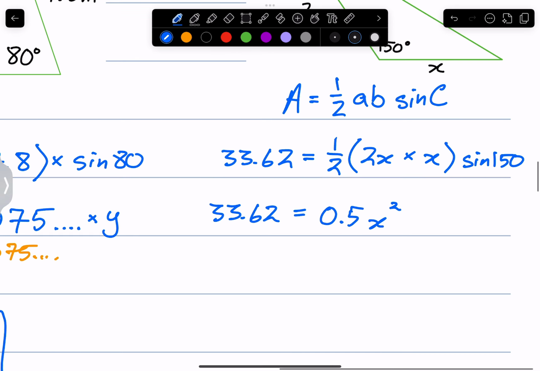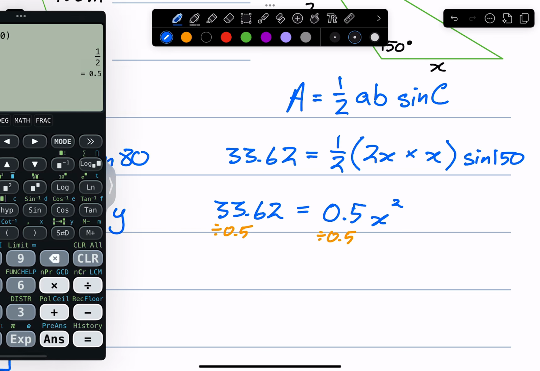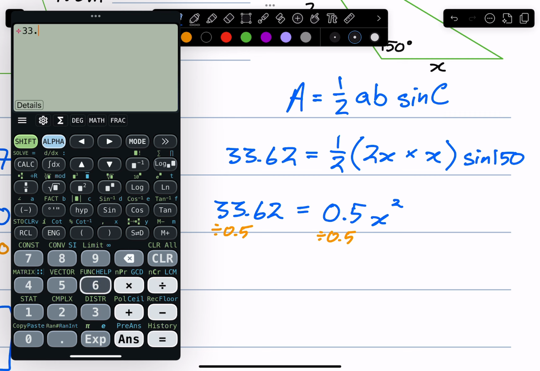So 0.5 x squared equals 33.62. And from here, it's just a matter of solving the equation. Since this is times half, we're going to divide by 0.5. 33.62 divided by 0.5 gets us 67.24 equals x squared.